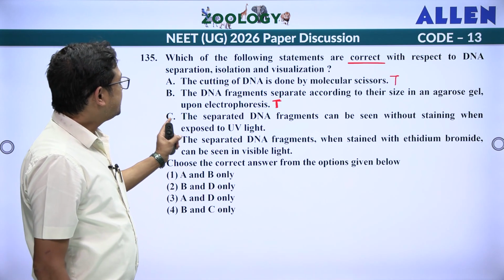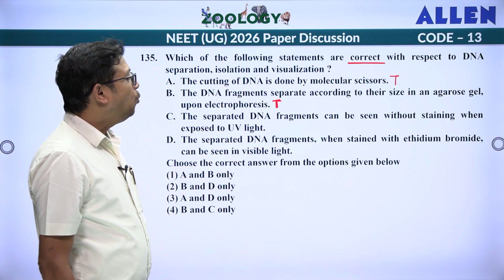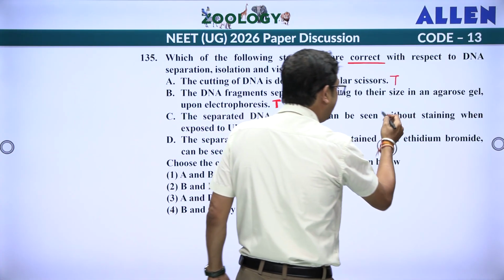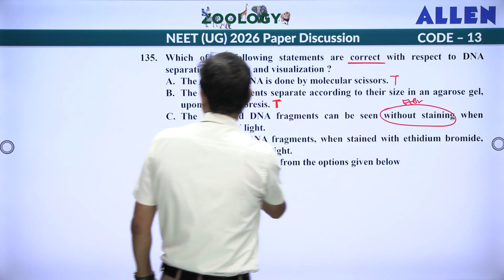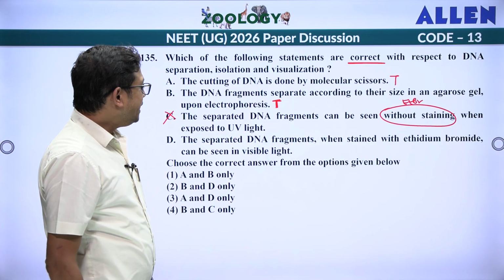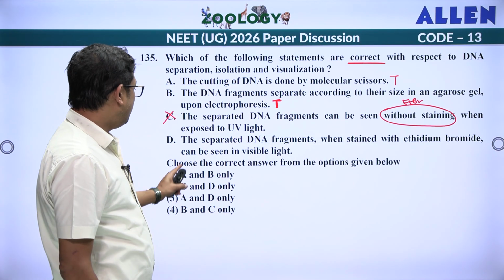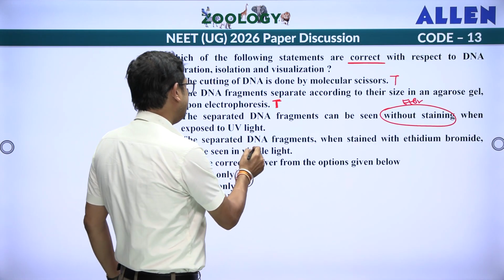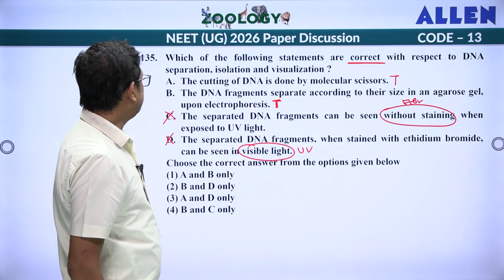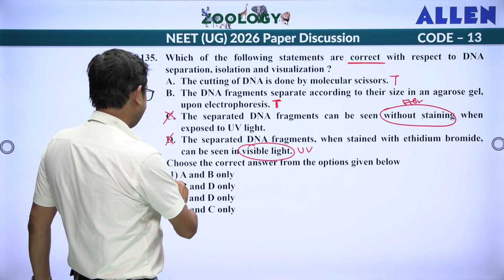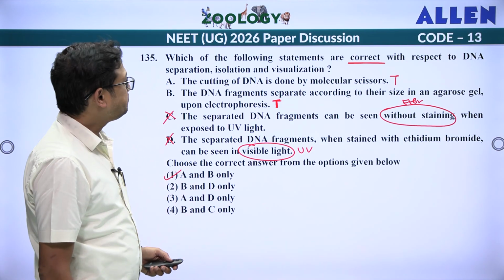That is true. The separated DNA fragment can be seen without staining. No, we have to stain it with ethidium bromide. So this statement is wrong. The separated DNA fragments when stained with ethidium bromide can be seen in UV light, right? So this is also wrong. So which one is correct? A and B are correct. So answer is 1.